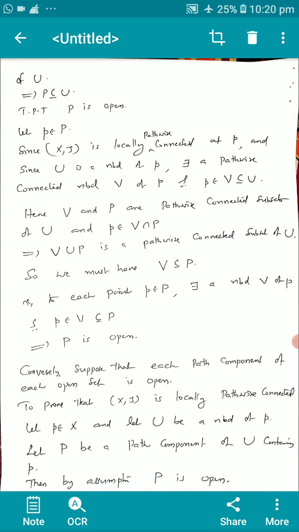Hence V and P are path connected subsets of U, and small p is an element of V intersection P. This implies V union P is a path connected subset of U. So we must have V subset or equal to capital P.